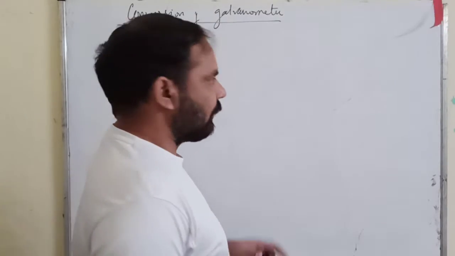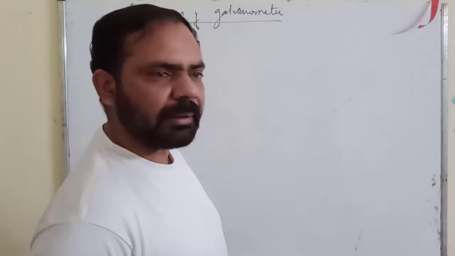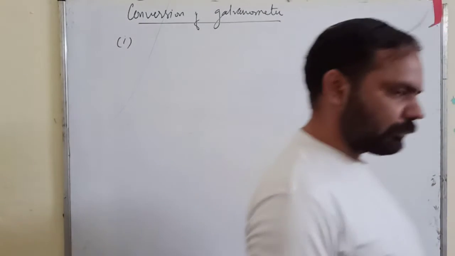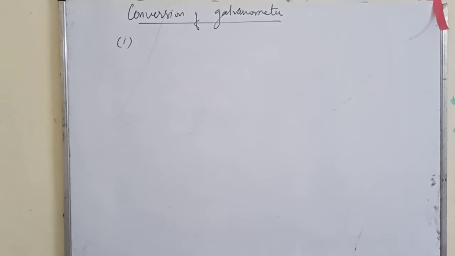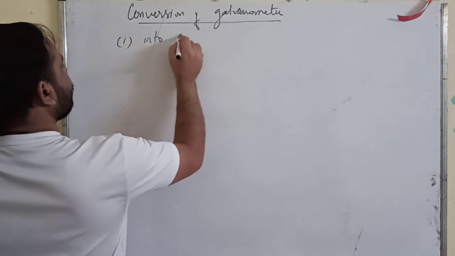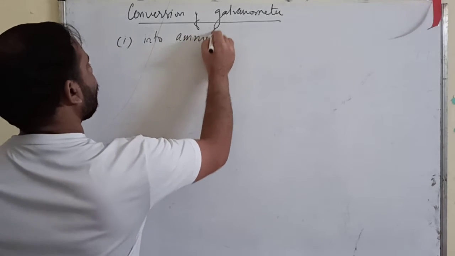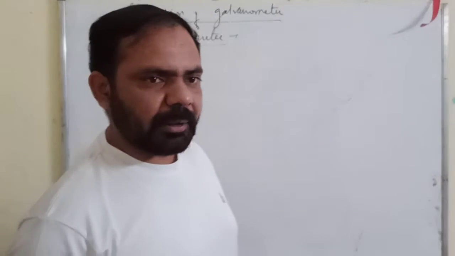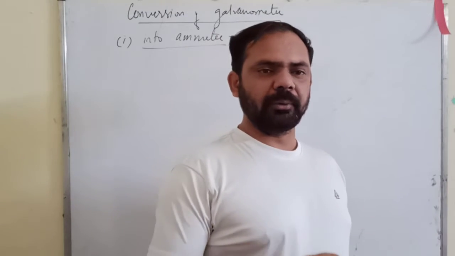Okay, the topic is conversion of galvanometer, and first one, into ammeter. How can you convert a galvanometer into ammeter?